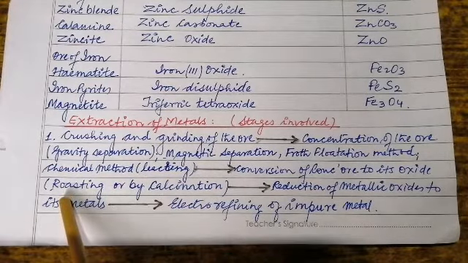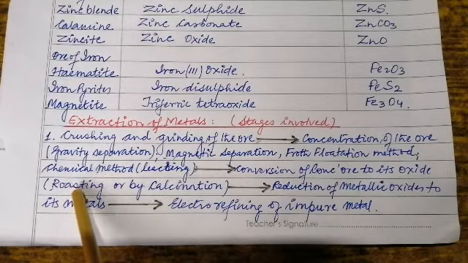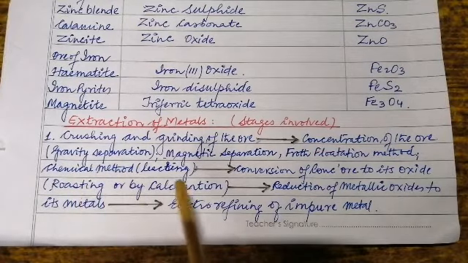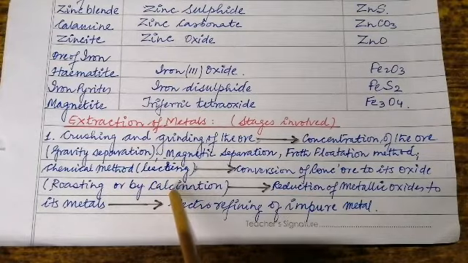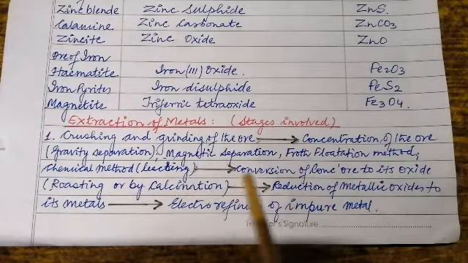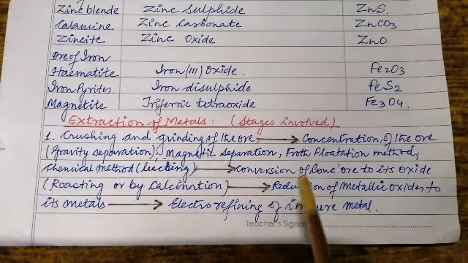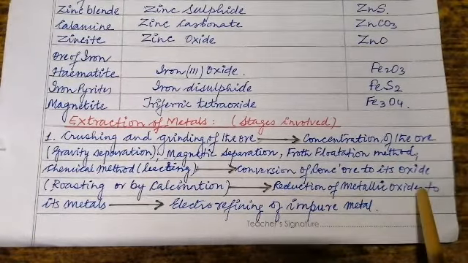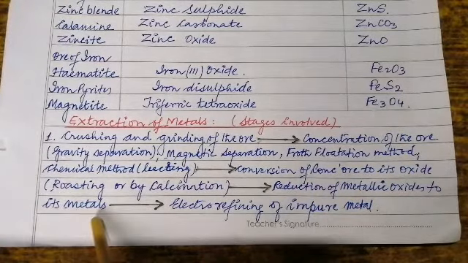Roasting means you are heating the ore to a high temperature in the presence of air to obtain metal oxide. Similarly, calcination means heating the ore in the absence of air or oxygen to obtain oxide. Finally, you go for reduction of metallic oxides to its metal.